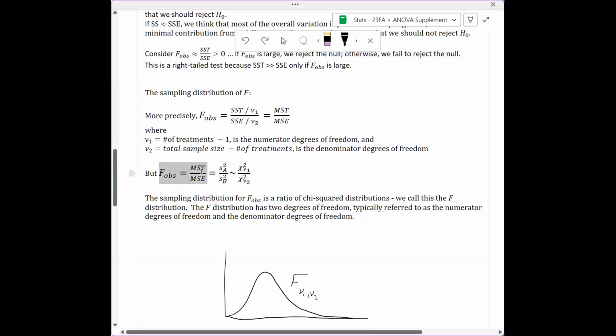And F observed, which is this ratio, is basically the ratio of two standard deviations or two variances. And we know that, roughly speaking, variances are distributed according to chi-squareds. So it turns out that the F distribution is just a ratio of chi-squared numbers.